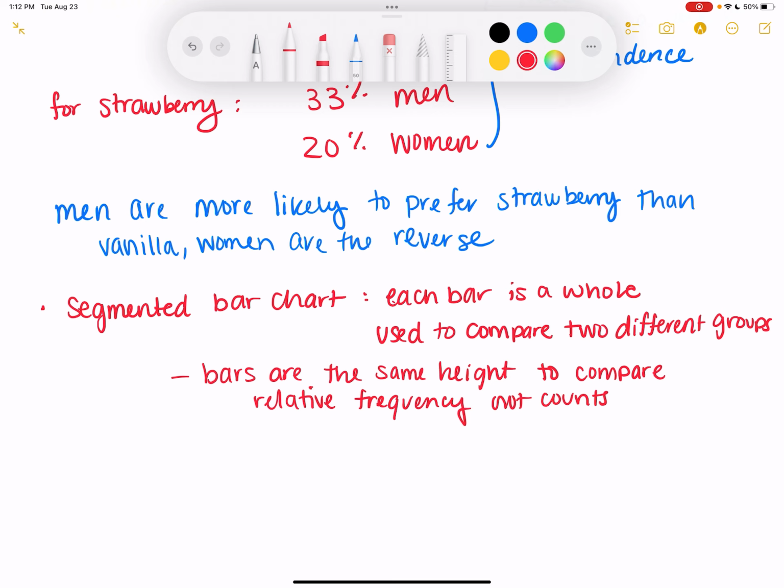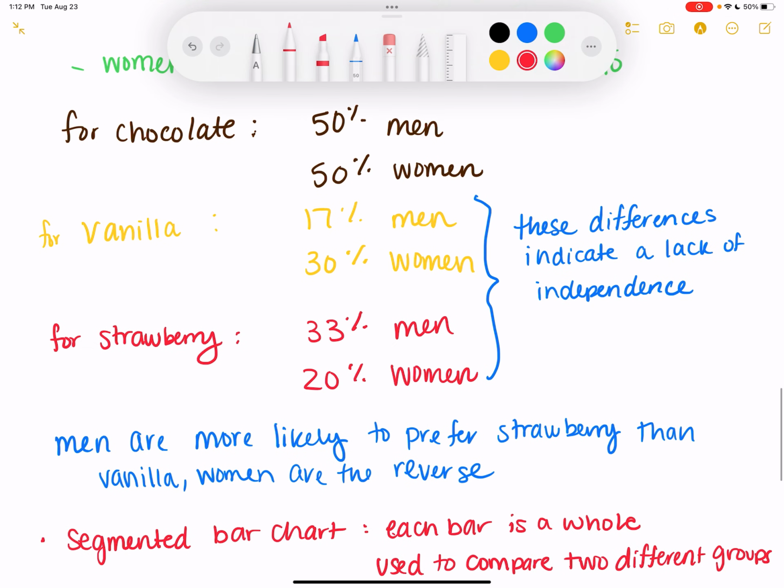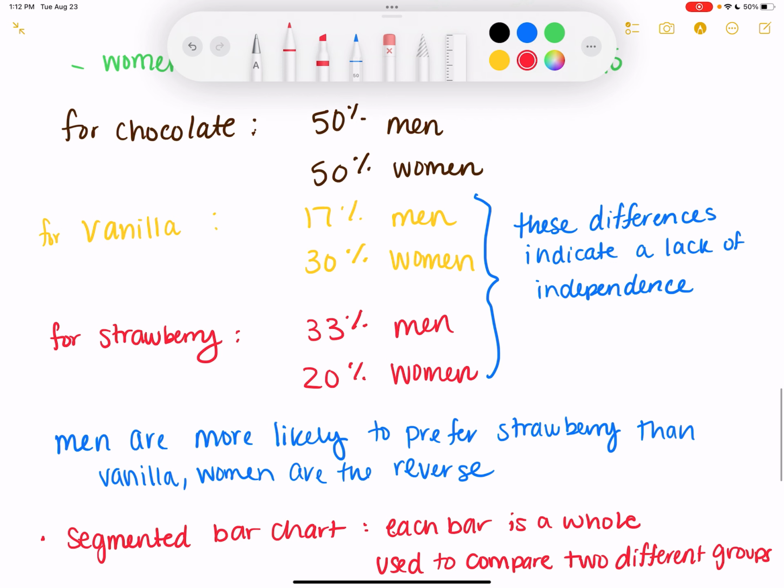Okay, so we want our bars to be the same height. Each bar is going to have the entire amount in it. So these percentages that we found up here are what we're going to use to do our segmented bars.